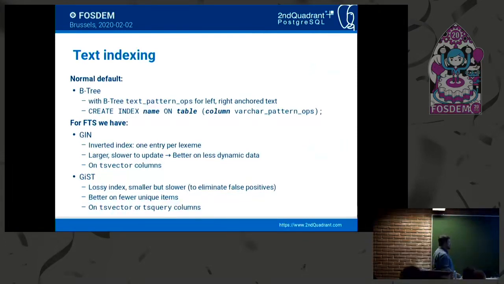So it is a bit slower. It's better suited for fewer unique items. If you have, let's say, a limited number of things that you're searching for, then GIST might be a better index for you. And you can apply it on TS vector or TS query columns.